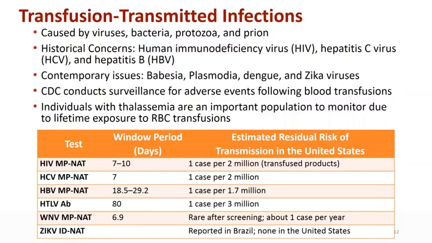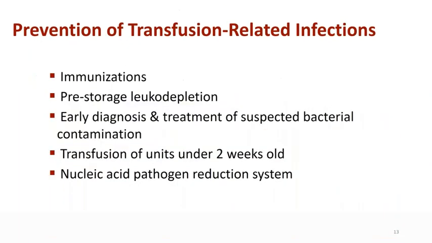You could see that with HIV, despite the techniques being used now, 1 per 2 million, for HCV, 1 to 2 million, with a window of 7 days, for HBV, 1 per 1.7 million, for HTLV, with a window extending out 80 days, about 1 per million. And recently, the studies with West Nile virus and Zika show that these two can be transmitted despite the existing techniques used. What can we do to prevent this?